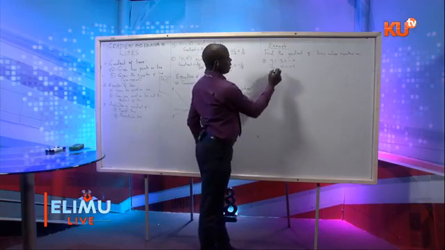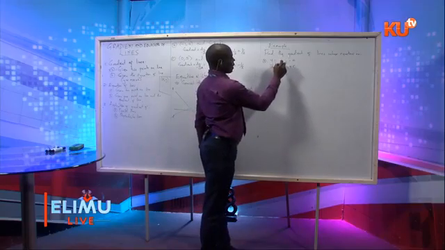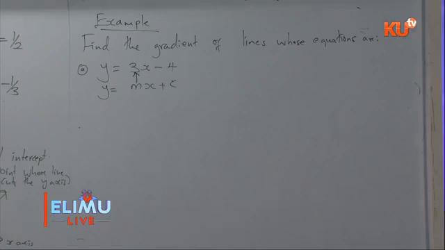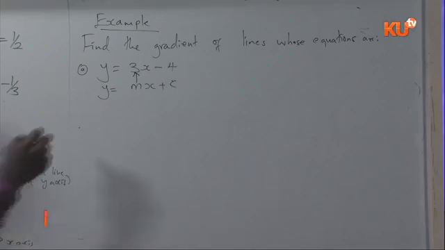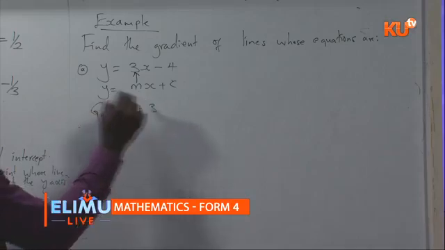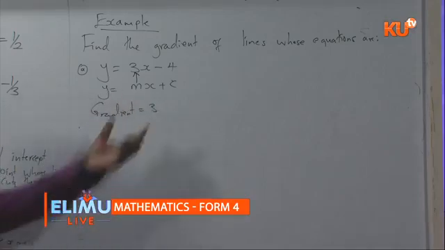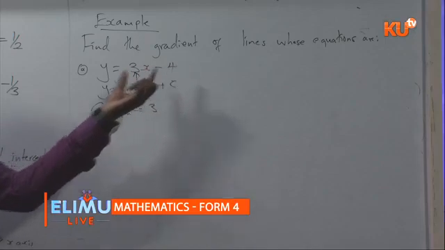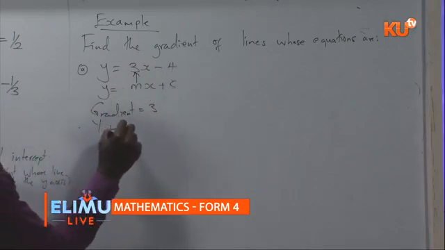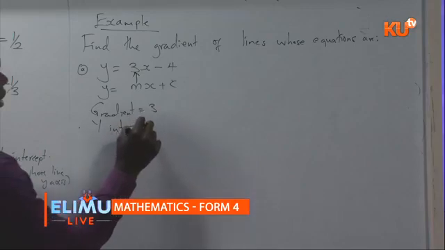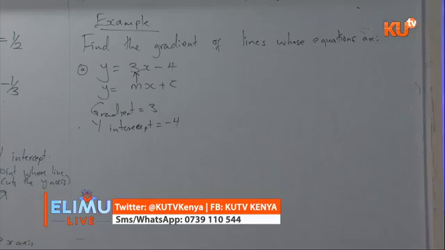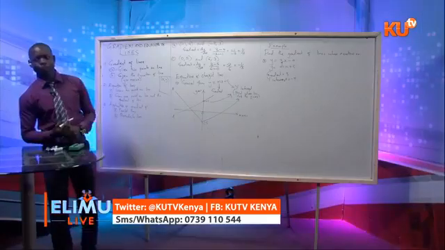The coefficient of x here is 3. That is what you call the gradient. So the gradient in this equation is equal to 3, and the value of c is negative 4. That is the y-intercept. The y-intercept is equal to negative 4. So that is how we identify the gradient given the equation.